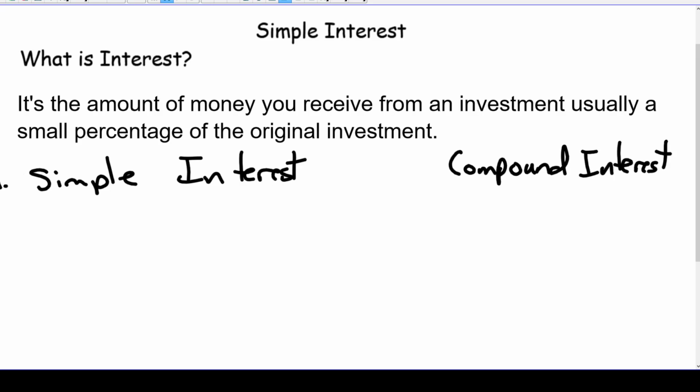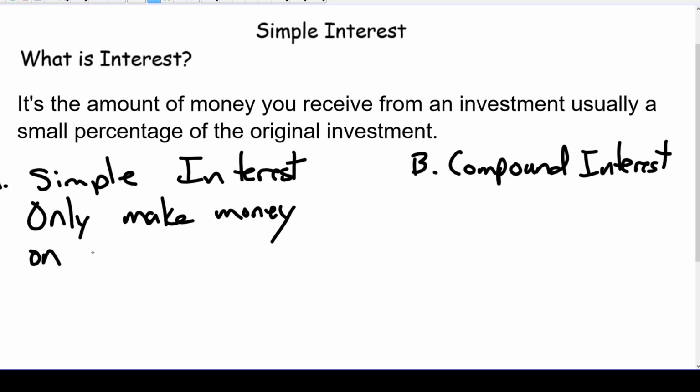Now, I'm going to kind of foreshadow what compound interest is in what I'm about to write down here. Simple interest, in those situations, you only make money on the invested money itself.